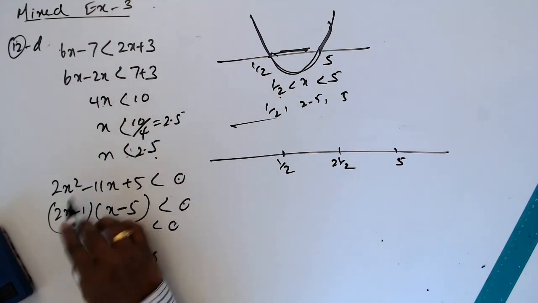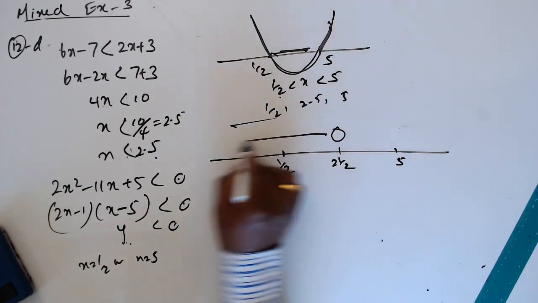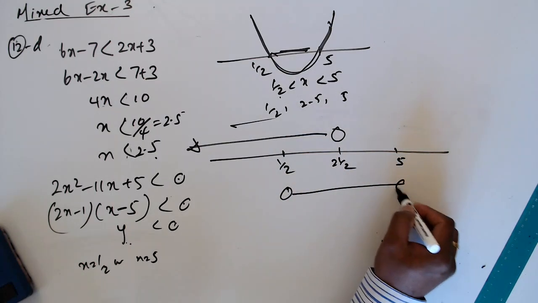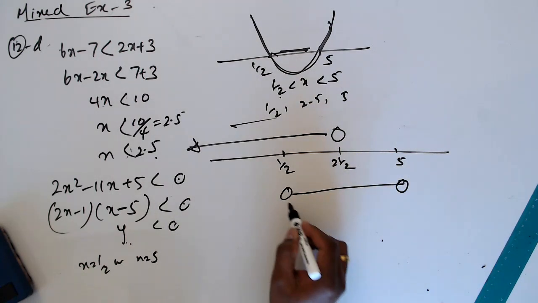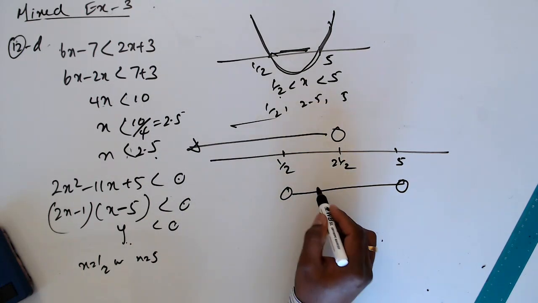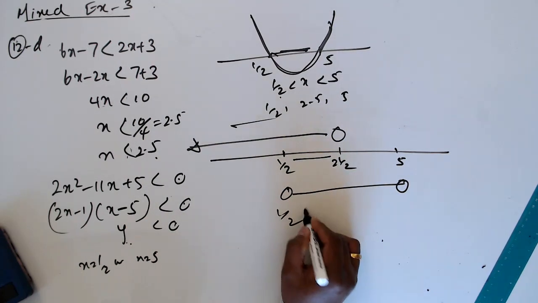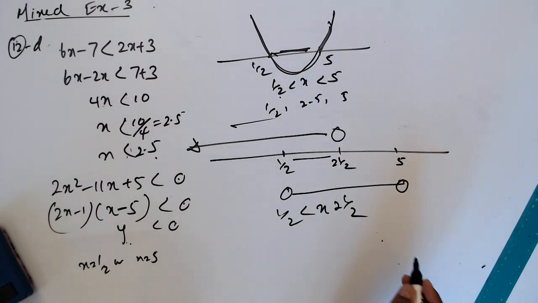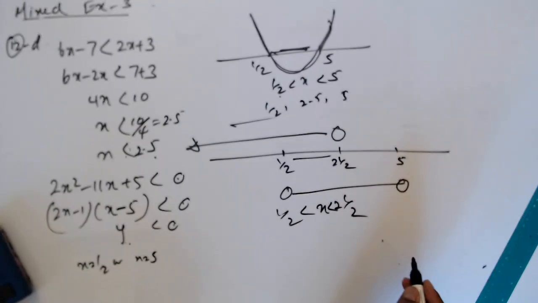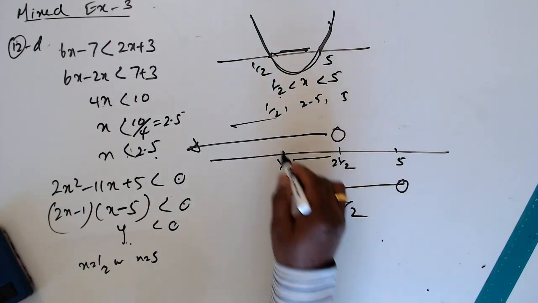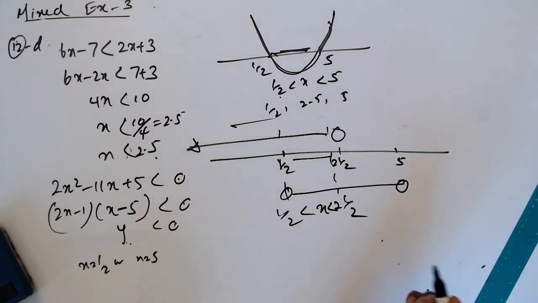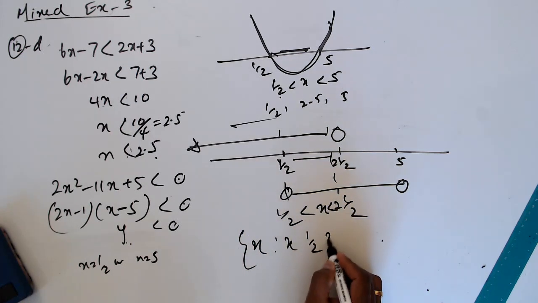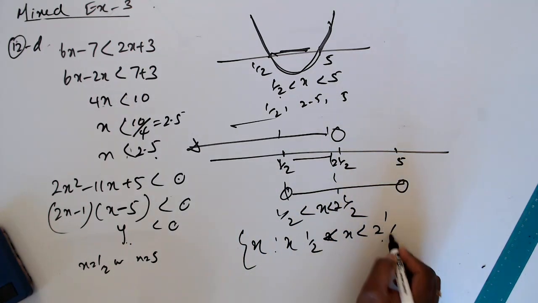Now this one is x less than 2.5. This one is in between half and 5, and no equal sign. Then the answer is half greater than x greater than 2 and a half. This is the common area.